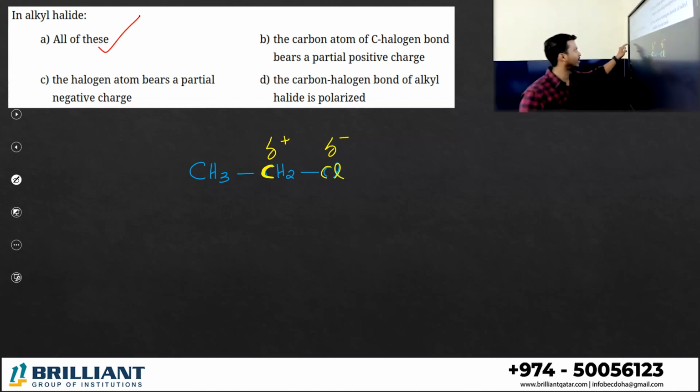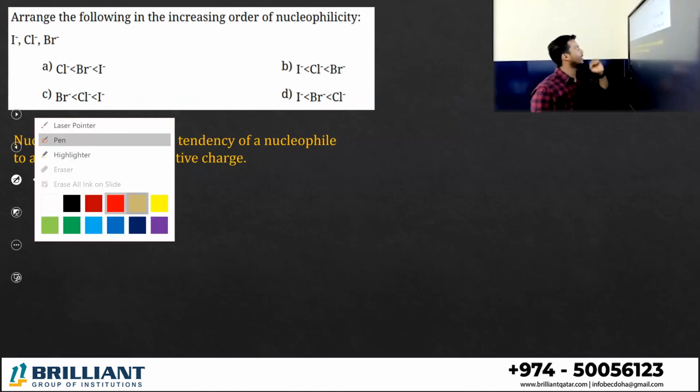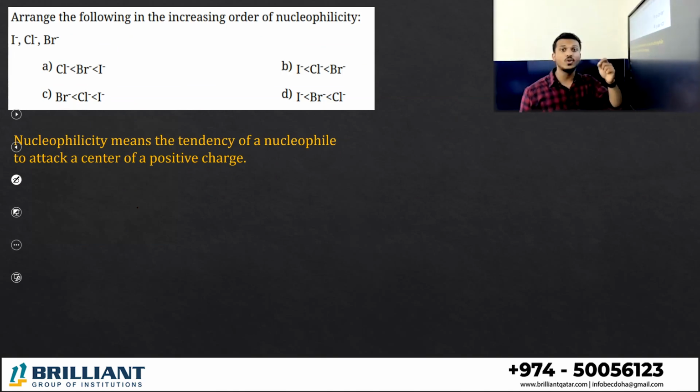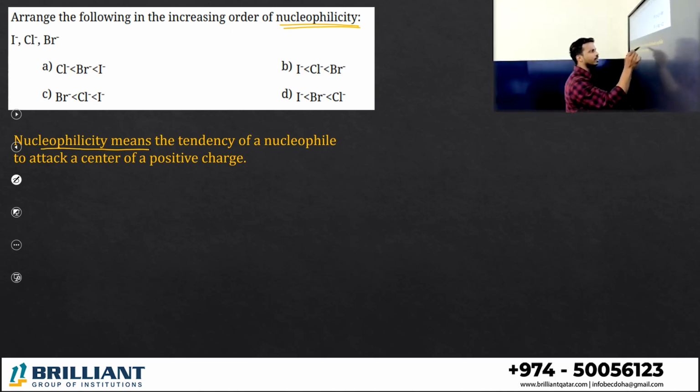Okay, dear all, next question. Arrange the following in increasing order of their nucleophilicity. What is the meaning of nucleophilicity? In a simple definition, it is the ability to act as a nucleophile, or the tendency of a nucleophile to attack a center of positive charge.